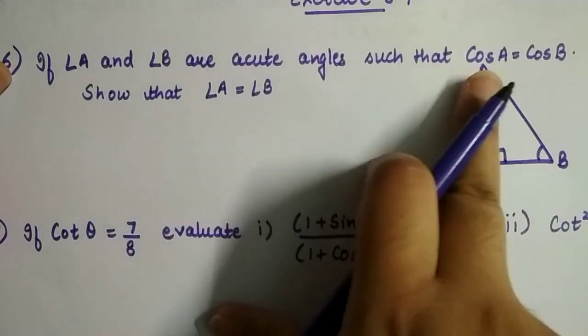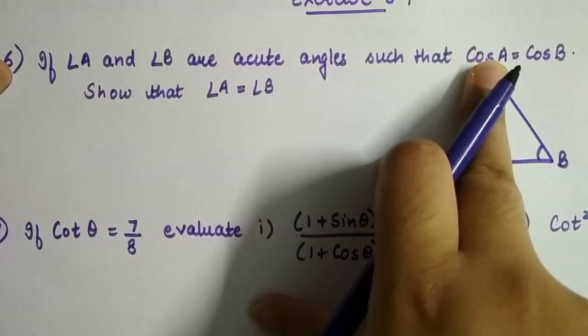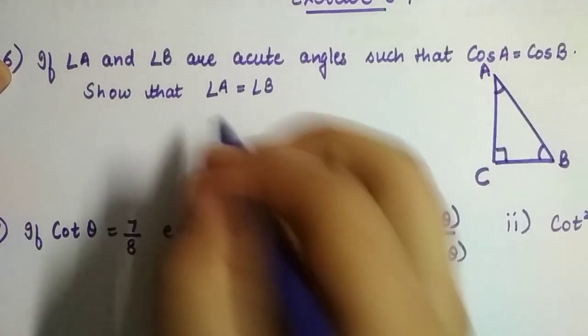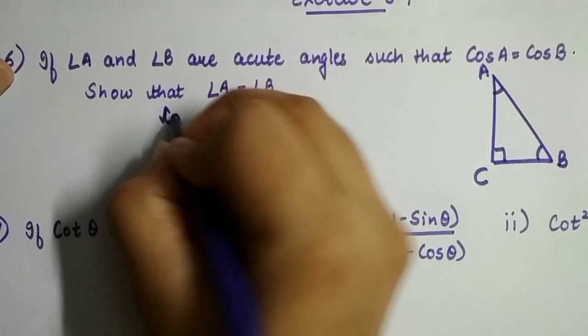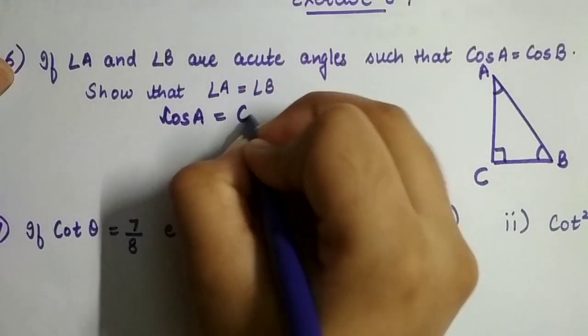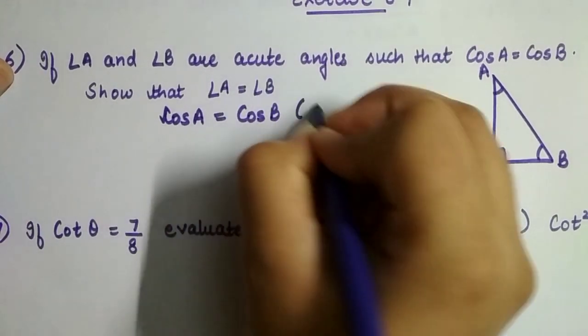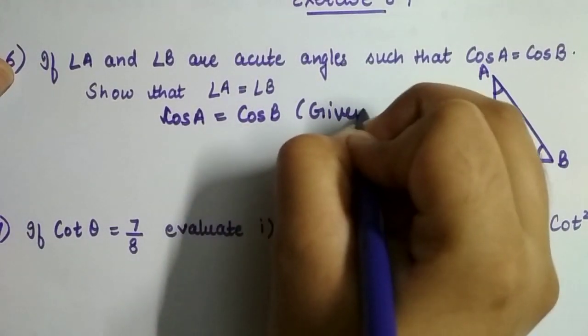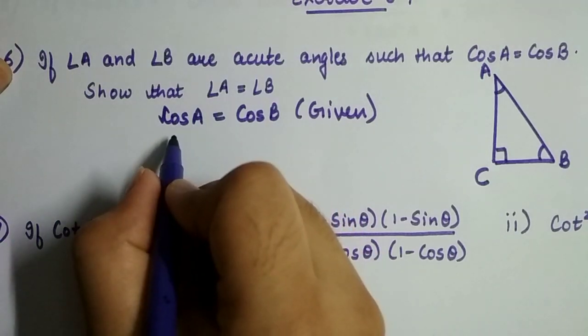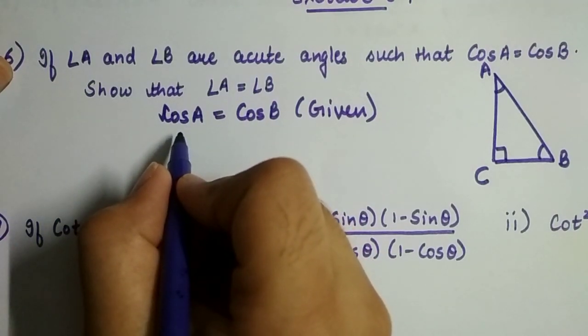So now it is given that cos A is equal to cos B. So let us write cos A is equal to cos B, given. Now you know cos is base upon hypotenuse.